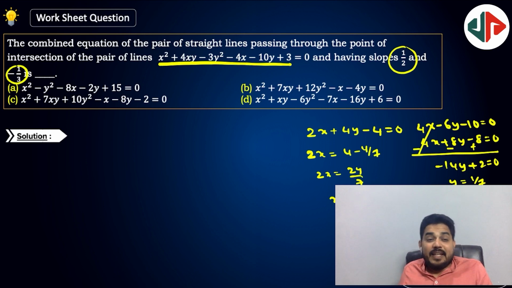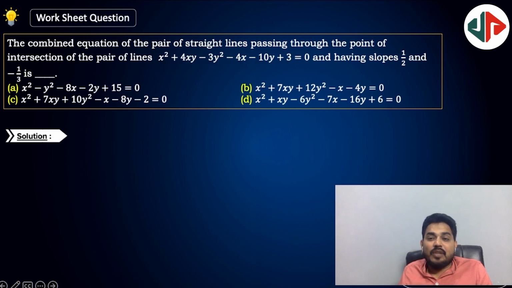But here another interesting point is there without doing all those things. Our required lines are going to be in the form of 1 by 2 slope. So that is x minus 2y plus c1 into another one slope is minus 1 by 3. So that is x plus 3y plus c2 is equal to 0.